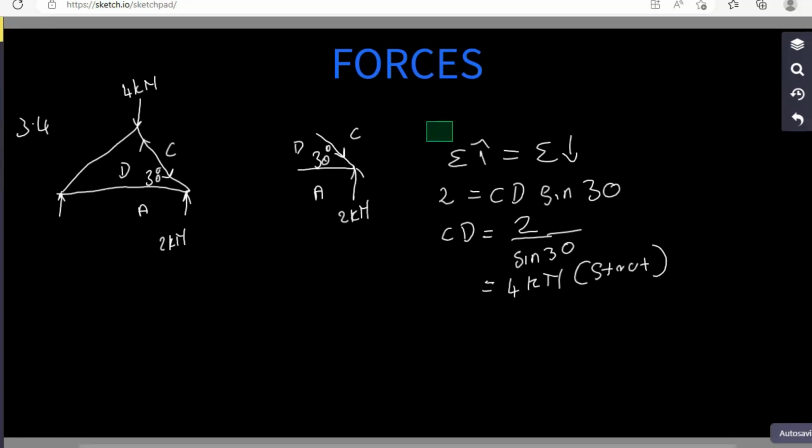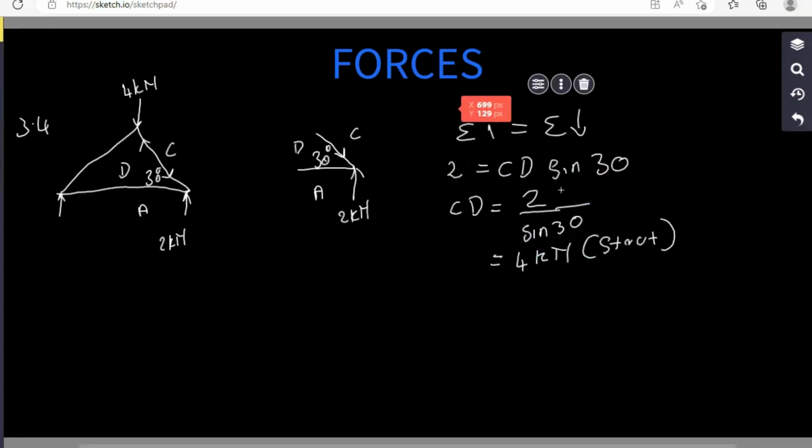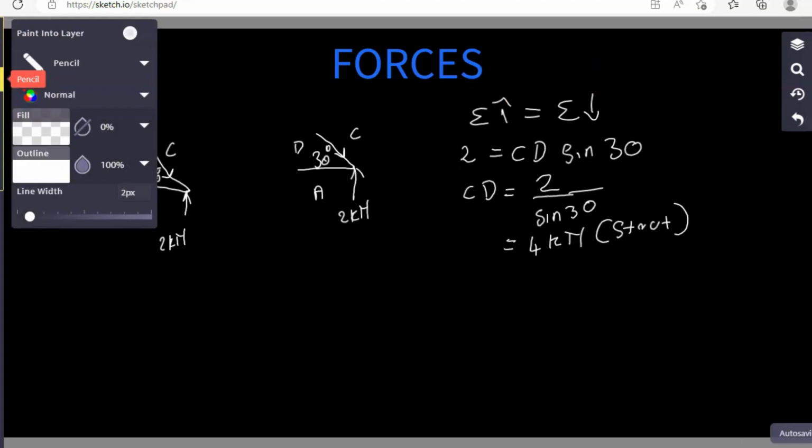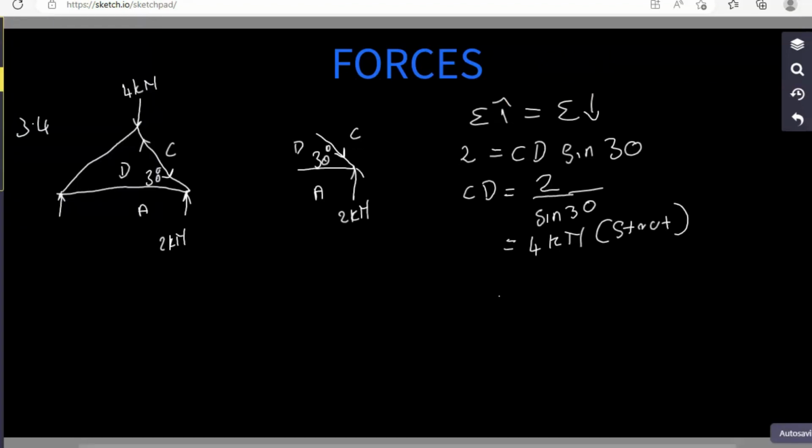And then from there we are going to use the horizontal forces. We're saying the sum of the forces going to the right is equal to the sum of the forces going to the left. We're going to have the component of CD going in that direction. The component of CD will be cos 30.